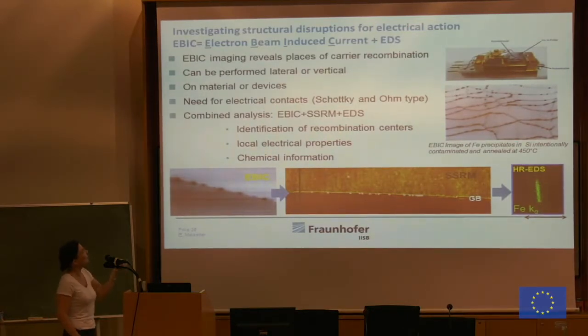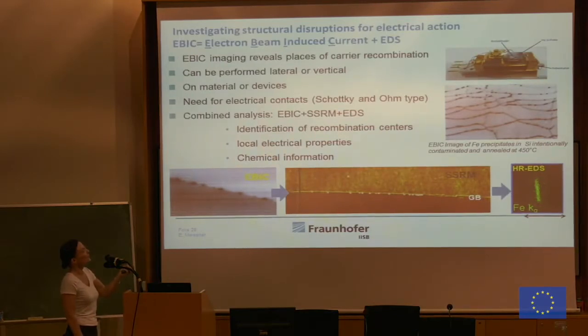With the electron beam induced current, you light your material with the electron beam and introduce excess carriers, and you have a field where you separate the carriers, and if you flow them through the material, where there is no contrast, you have a constant current flow, and where you have a dark contrast, those places are catching the carriers and recombining them such that you have no current flow, and this is what you see as a dark contrast here.